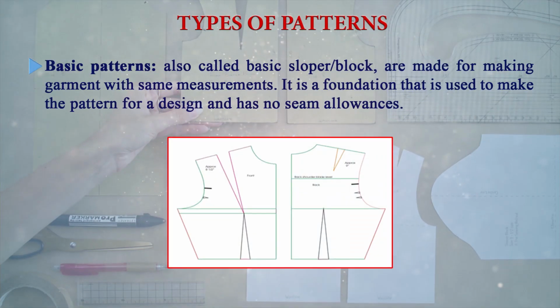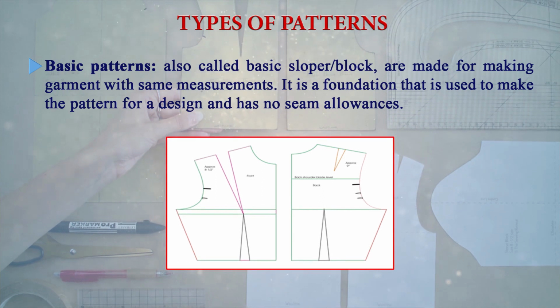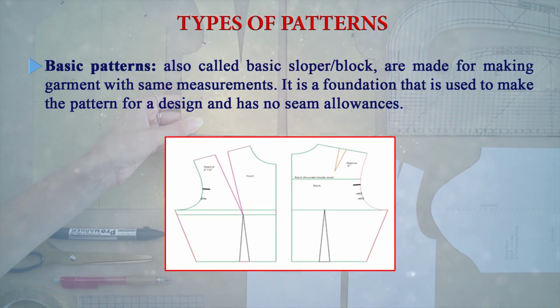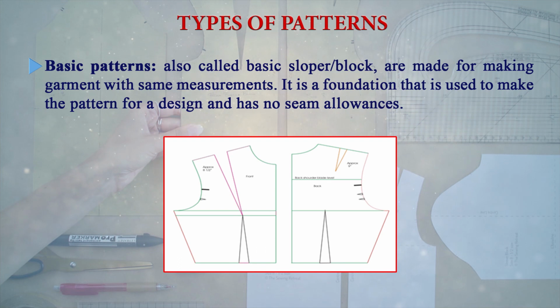In the unit we also discussed that the basic sloper or block is the fundamental layout of the pattern when we go for garment construction, and it is purely made out of the standard body measurement, or the exact measurement we have taken from the body. The basic pattern is also known as the sloper or basic block, made with some standard measurement.